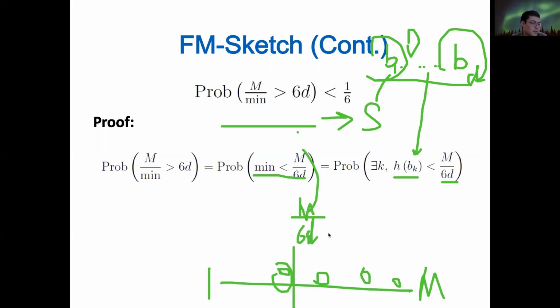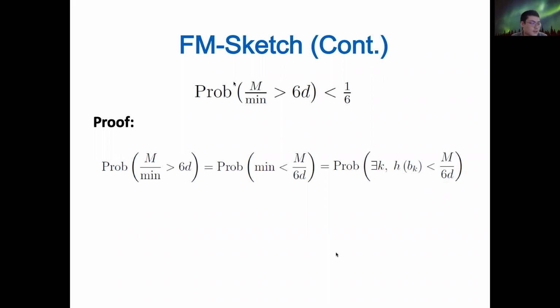That means at least one exists, some bk, for example, on this side. So these two are equivalent. I think the notation is a little messy, so let's reconsider this again. This is 1, and this is n.